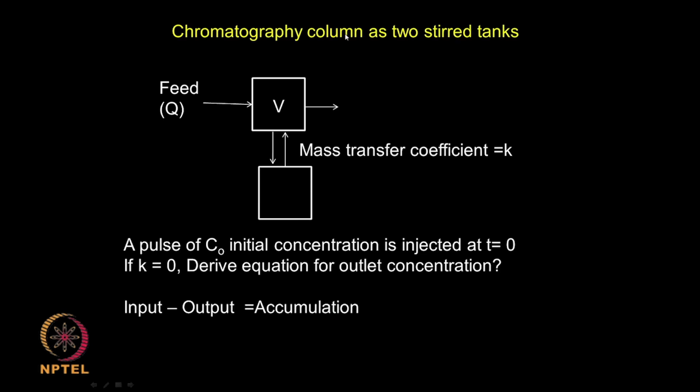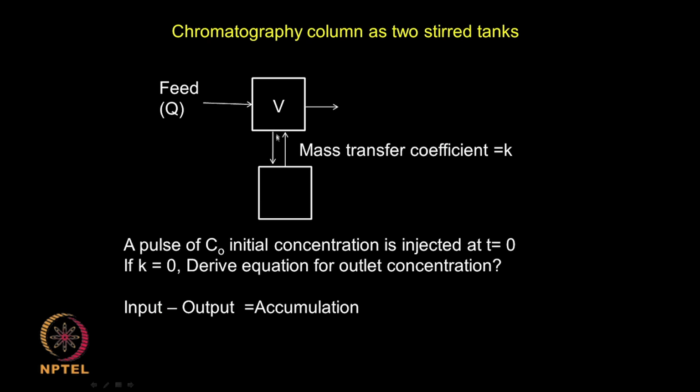Now, let us look at the chromatography as two stirred tanks. Suppose you have a stirred tank where you are introducing the feed and a product is going out, and there is another tank which is not stirred, but is connected to the first tank, and there is mass transfer taking place.